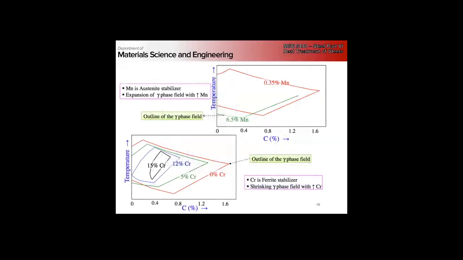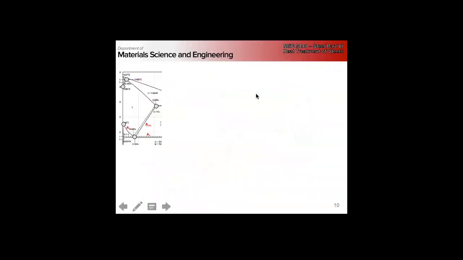What this diagram is: I take the phase diagram and delete all the other lines except the outline of the austenite phase field, and then plot that for different alloying compositions. On the other hand, manganese is an austenite stabilizer.